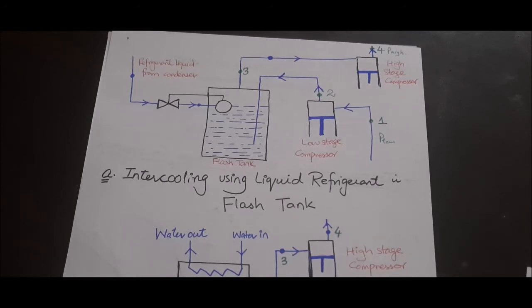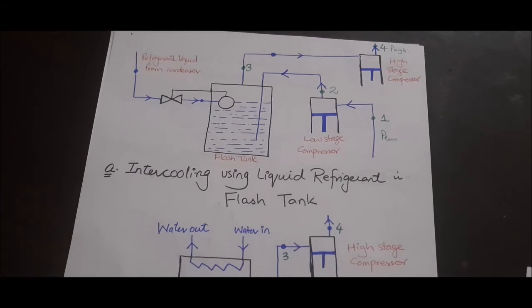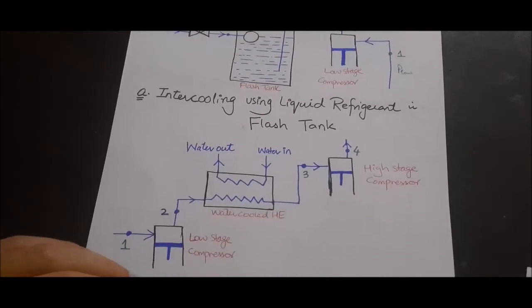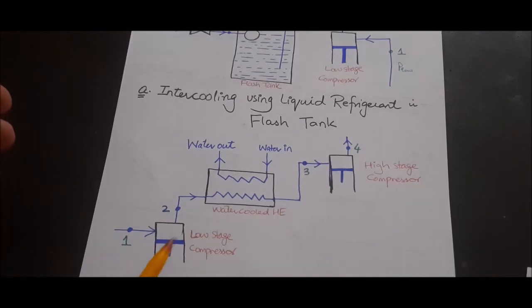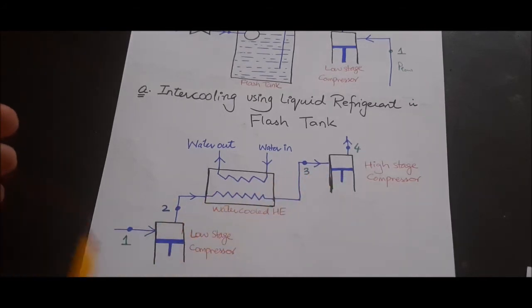Similarly, the other method is the heat exchanger method. Now you can see again there are two compressors, a low stage compressor and a high stage compressor, and when the saturated vapor is compressed in the low stage compressor to a certain pressure, it is passed through a heat exchanger where the cool water comes in and goes out, and the heat exchange takes place.